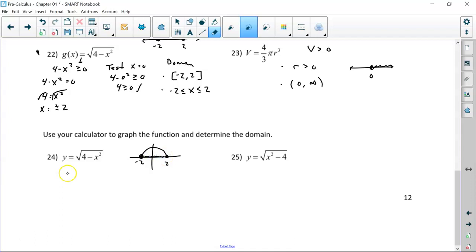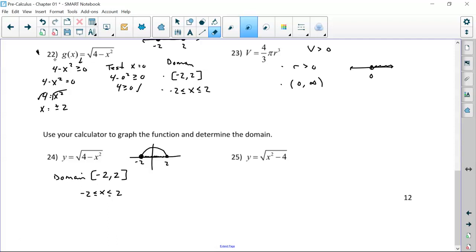So our inputs are going to be between -2 and +2. So the domain in interval notation is -2 and 2 with a bracket at both because of those solid dots. Or more traditionally, -2 is less than or equal to x, which is less than or equal to 2. And that's why problem number 22 is in between, because that's what the graph looks like.